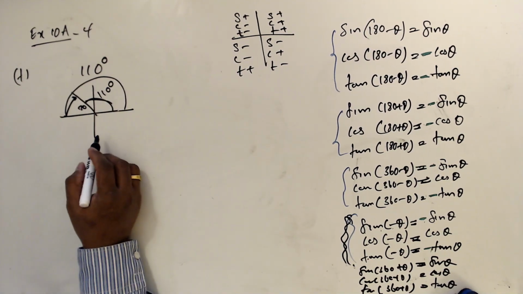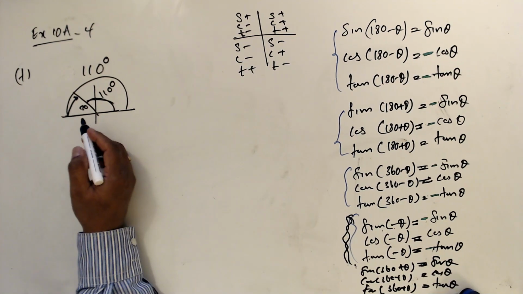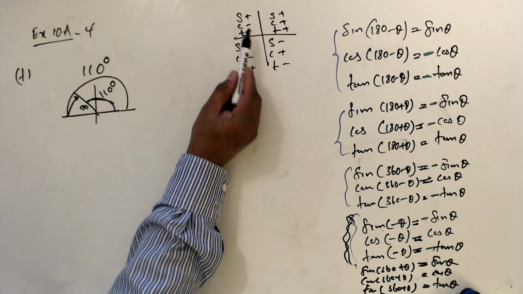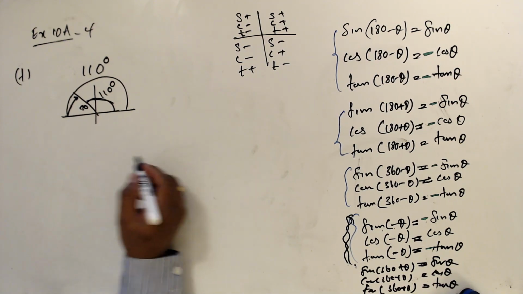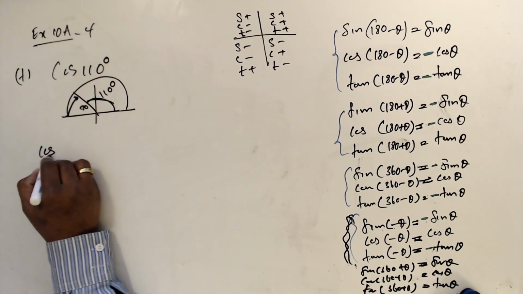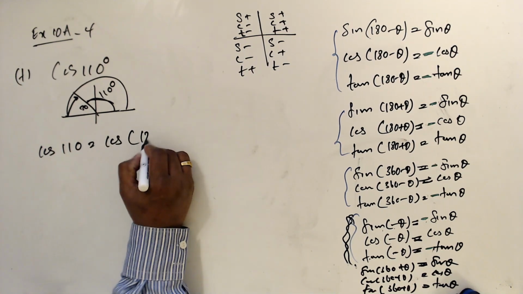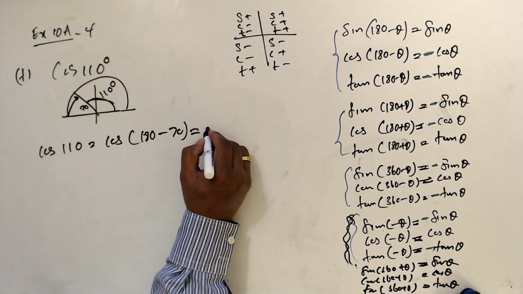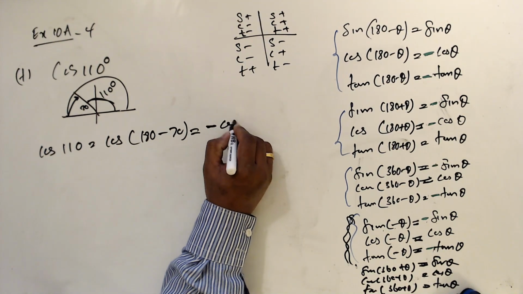So in the second quadrant, sine is positive, cos is negative, tan is negative. So cos is negative. So cos 110, we write cos with the head of 180 minus 70, and since it is in the second quadrant, cos is negative, and then cos 70.